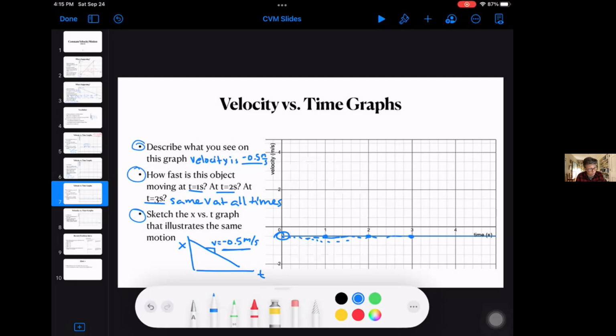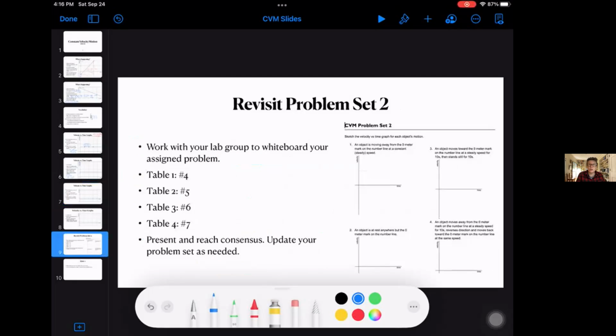All right, cool. So I'm going to skip ahead here and encourage you to revisit problem set 2. Because you've got a sub in and out of the classroom today, I'm going to ask you to work together and stay focused on the task at hand. Everybody who's sitting at table 1 right now, I want you to work together on problem number 4 in this problem set.